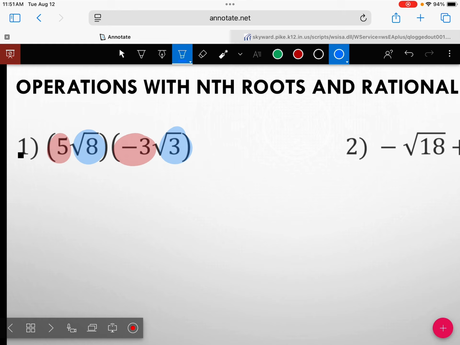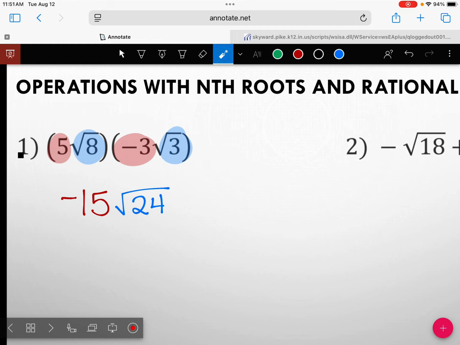So when you multiply 5 times negative 3, 5 times negative 3 is negative 15. And then root 8 times root 3 is root 24.